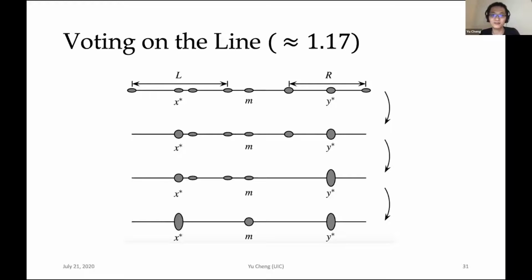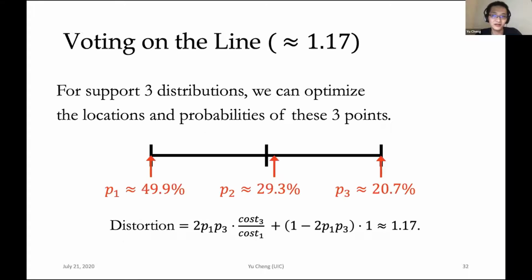So by doing this, you pretty much show that the worst possible case for this average case voting distortion is a distribution of support 3. And once you get to a distribution of support 3, you can brute force it by doing some case analysis and running some quadratic optimization. Okay, so just minimizing a quadratic function, and this gives you this particular instance that I'm showing on this slide.